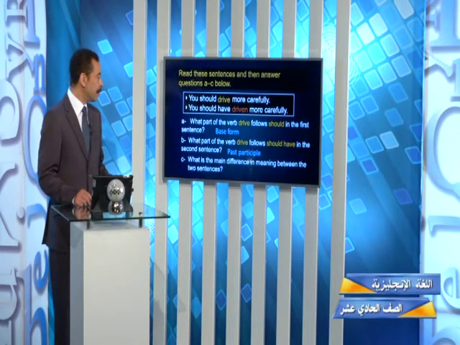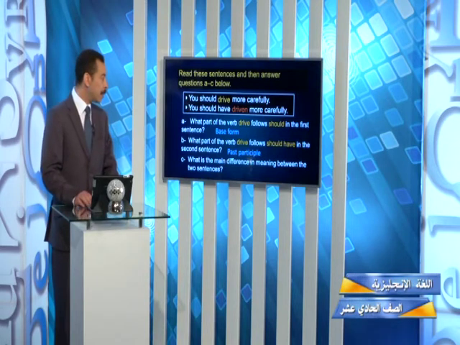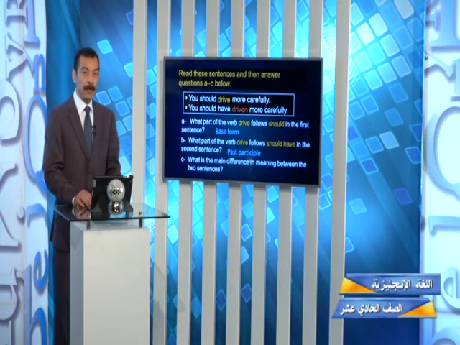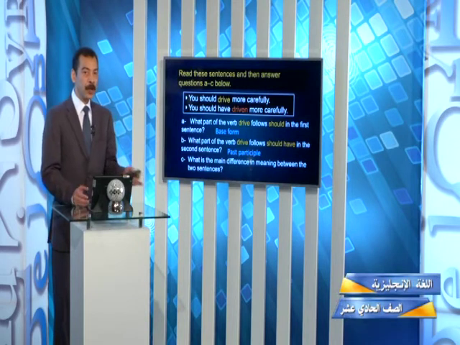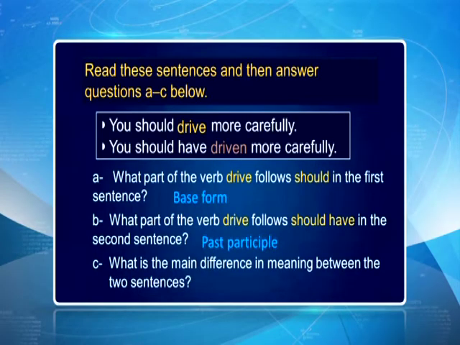Next question, what is the main difference in meaning between the two sentences? If you look at sentence 1 and 2, can you identify the difference between the two? What do they mean when you say you should drive and when you say you should have driven? What's the difference between the two sentences? Yes, a good guess.